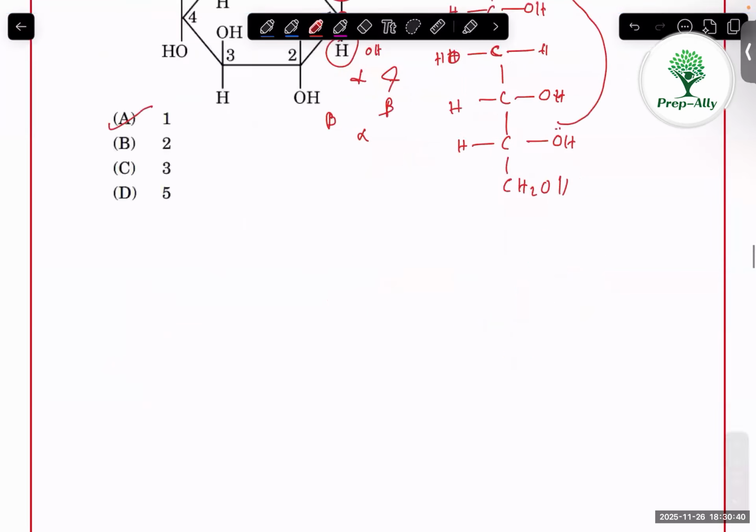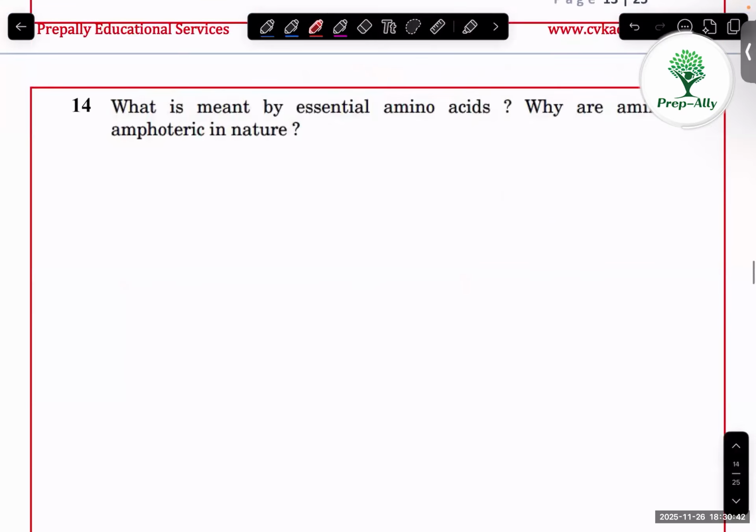Now for the next question. 14th question: what are essential amino acids? Why are amino acids amphoteric in nature? This is a 2 marks question, so let's answer one by one. First, essential amino acids.